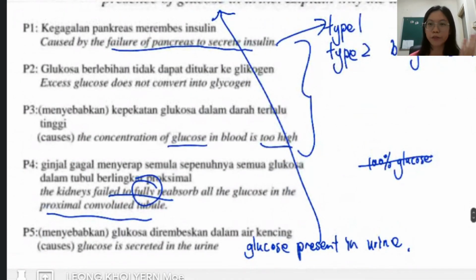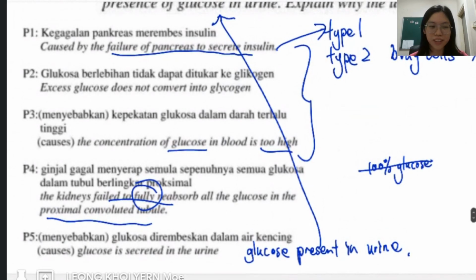First of all, mention what happens to this diabetes patient. Why they cannot metabolize the excess glucose into glycogen, because pancreas fails to secrete insulin. And then that's the reason why there is still a very high concentration of glucose.